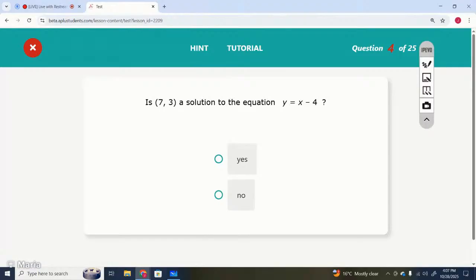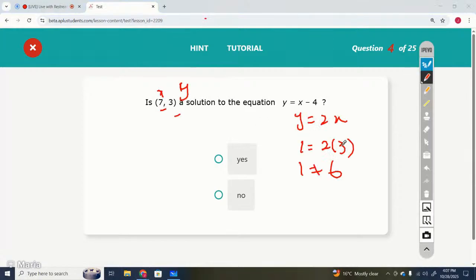Is 7, 3 a solution of the equation y equals x minus 4? X is 7 and y is 3.